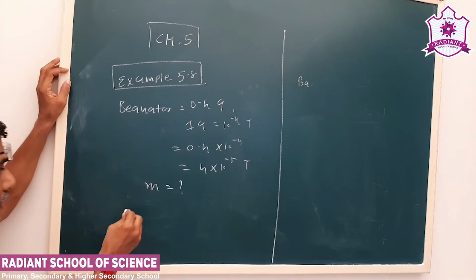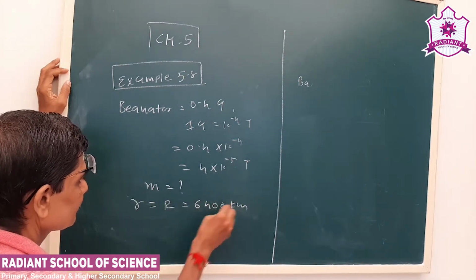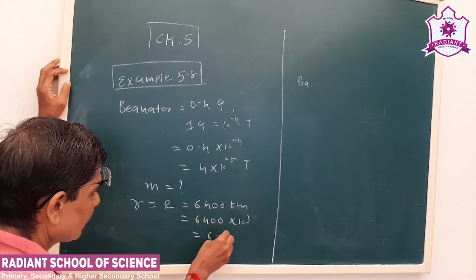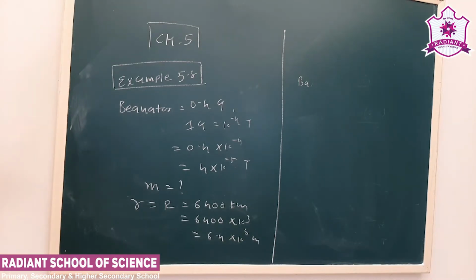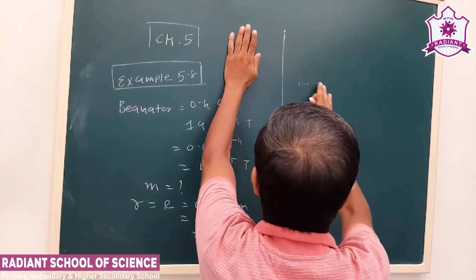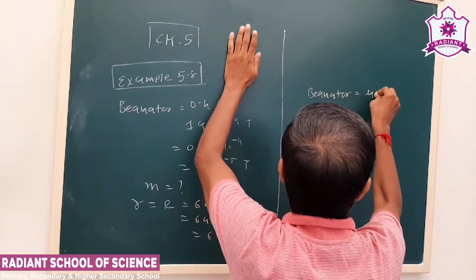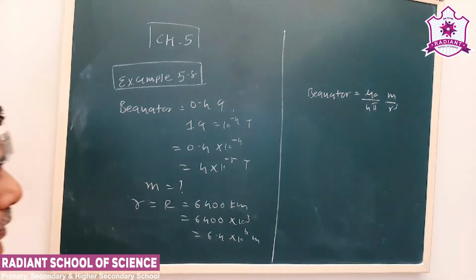Now the radius of the Earth r is 6400 kilometer. Now the equatorial field is given, so we can use the formula B equator is mu0 upon 4 pi, m upon r cube.